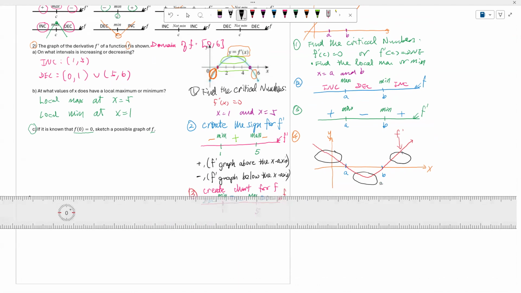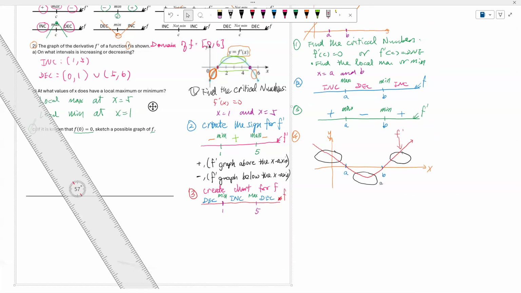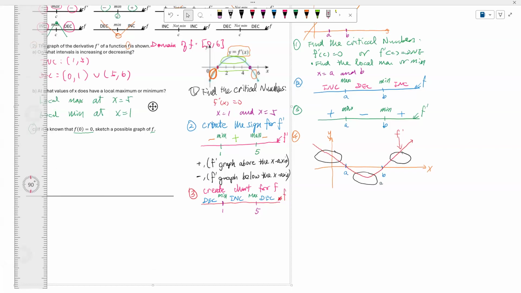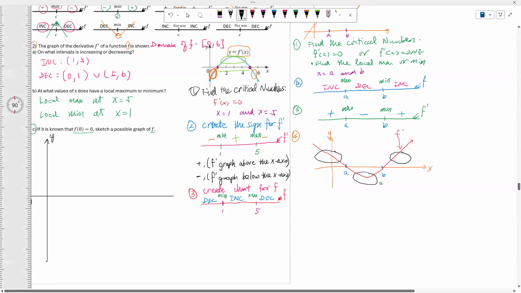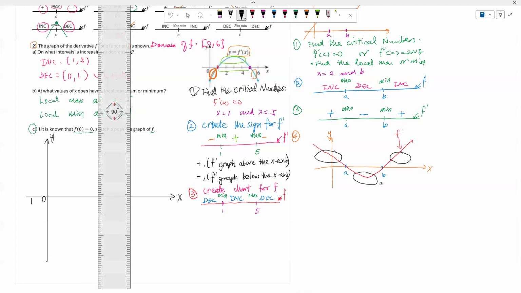First, let us draw again a coordinate system, right? Okay. So we have y, 0, and x here.